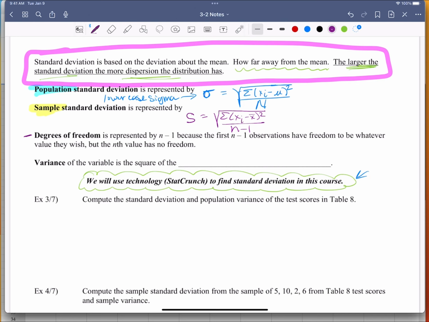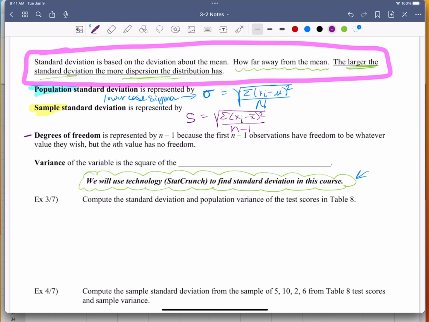So if I'm looking at this n minus 1, because this is a sample, right? My sample goes with the sample standard deviation. My population is based on the population values. This is based on sample values. So degrees of freedom, this is a good definition of how you can look at that, is represented by n minus 1 because the first n minus 1 observations have the freedom to be whatever value they wish.